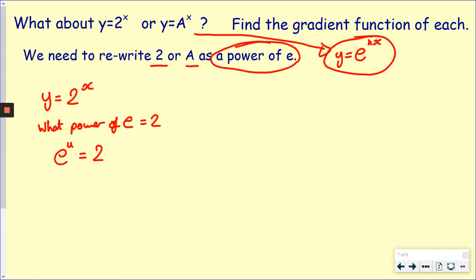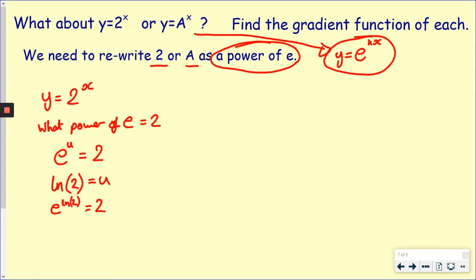The definition of ln is the power that I need to raise e to get the number in the bracket. So we want a ln logarithm basically. What power do I have to raise e to get 2? Well, that must be equal to u. So e to the ln 2 equals 2.